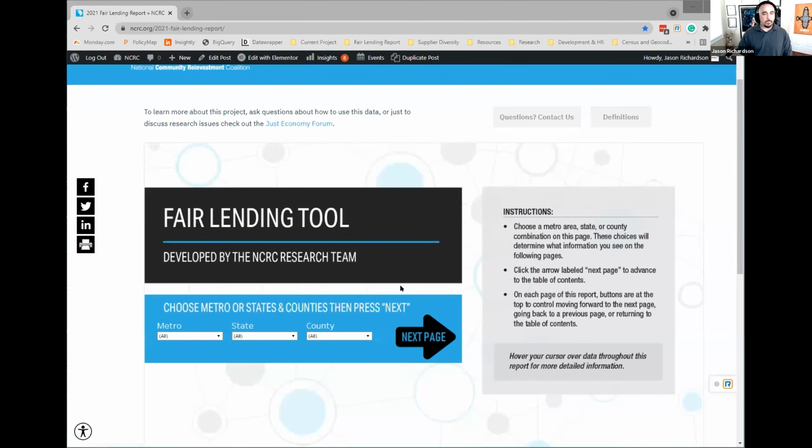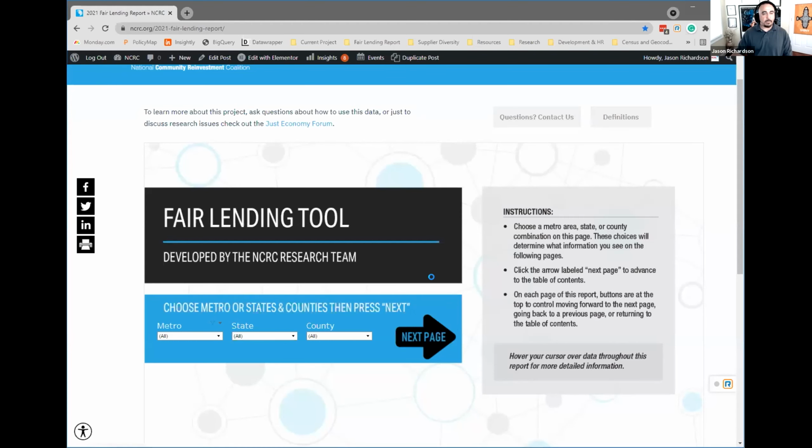Let me see here. Wally had some questions about Action Code 6, and that is deep into the pool on HMDA data, so I'm going to explain a little bit. What Wally's talking about are loans that were purchased by lenders. I'm going to just share my screen here real quick. Here's the tool.